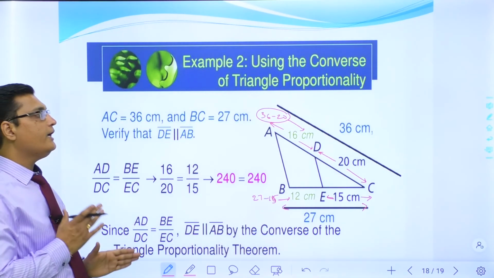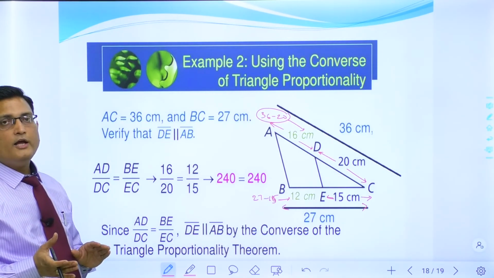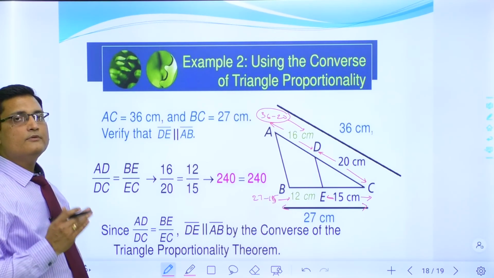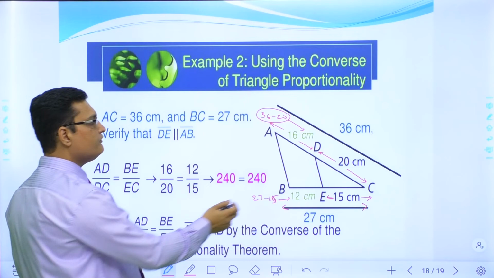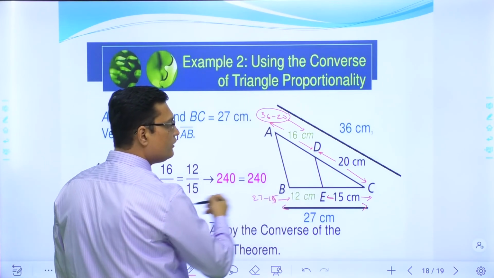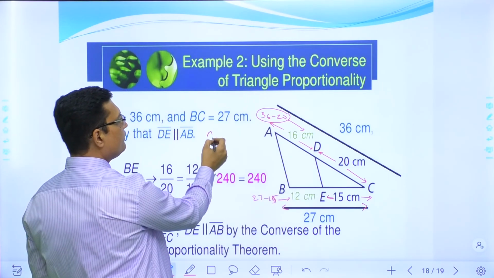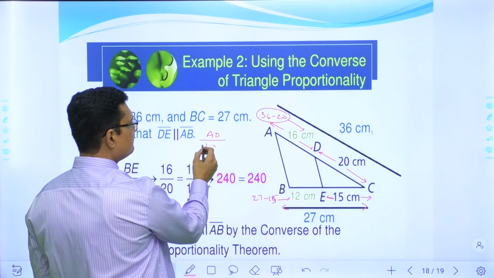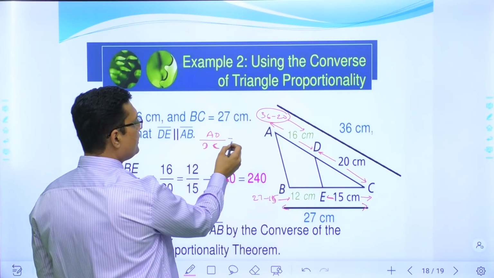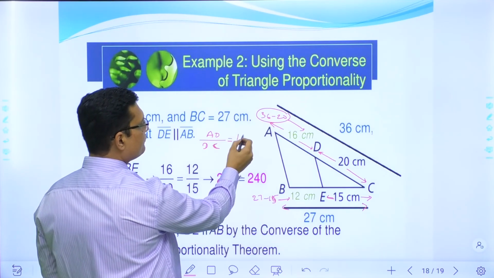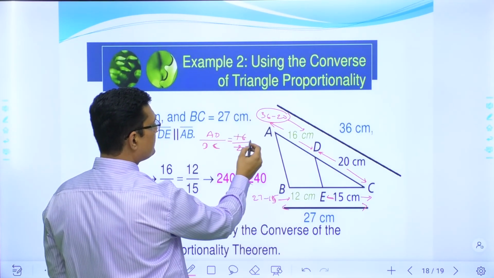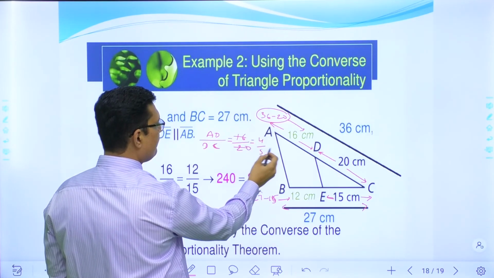Now you find the ratio of the sides. If the ratio of the sides are coming equal, then it will be parallel. If this line is dividing it in the same ratio, it will be parallel. How? First I am finding AD upon DC. AD upon DC, I am getting 16 upon 20. After cancellation I am getting 4 upon 5.